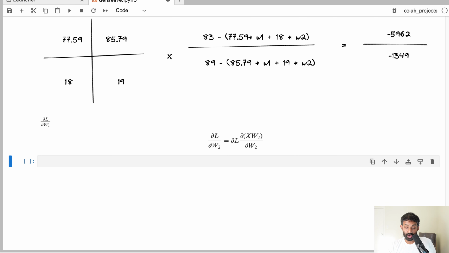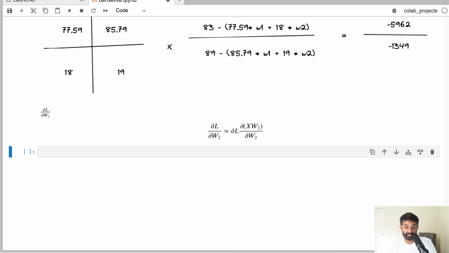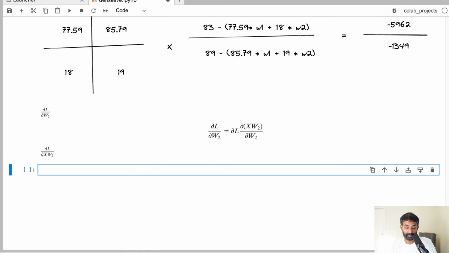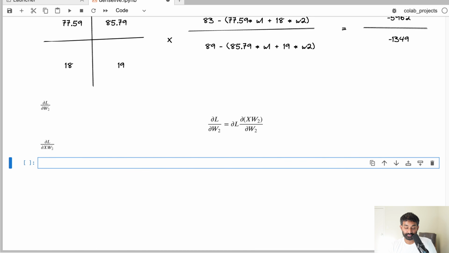If we want to take the partial derivative of loss with respect to weight 2, we multiply the partial derivative of loss by the partial derivative of x times W2 with respect to W2. All right, so this partial derivative of loss here is actually equal to this. Just for simplicity's sake, I left off the denominator just to make it a little bit simpler.